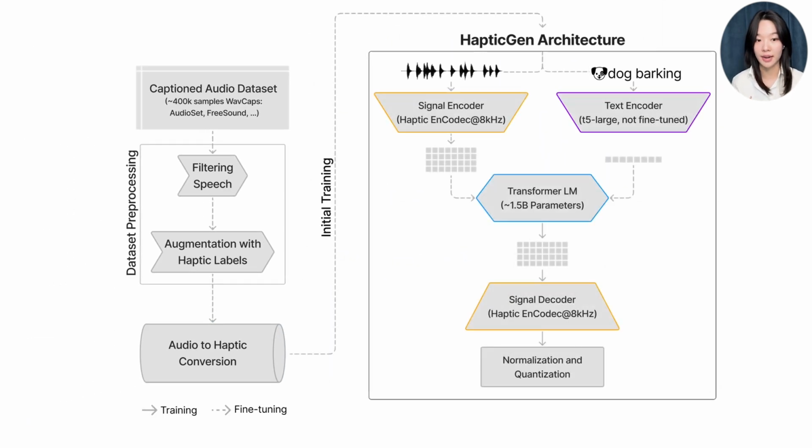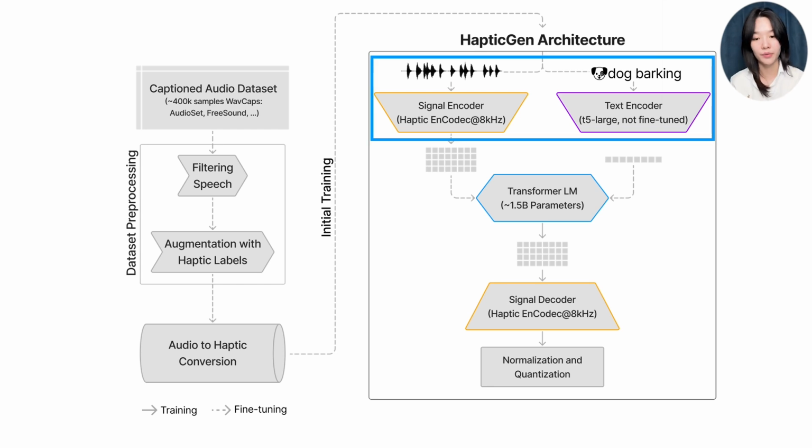It ensures that HapticGen efficiently transforms simple text prompts into nuanced, realistic vibration outputs. First, we encode the converted tactile signals using a haptic encoder, compressing them into a compact representation. At the same time, the user's text prompt is processed by a pre-trained language model, here T5 large, to extract meaningful text features.